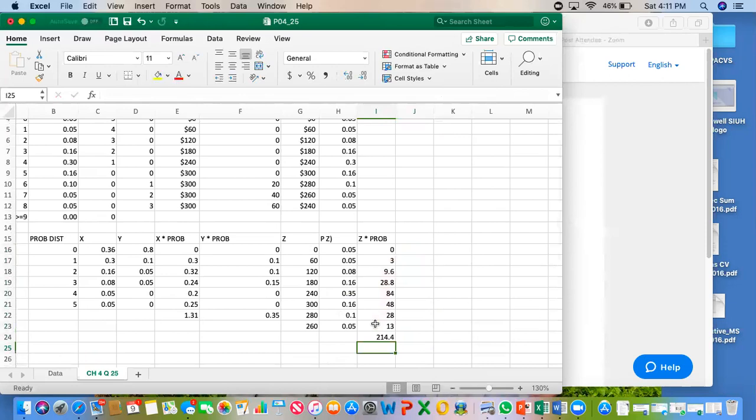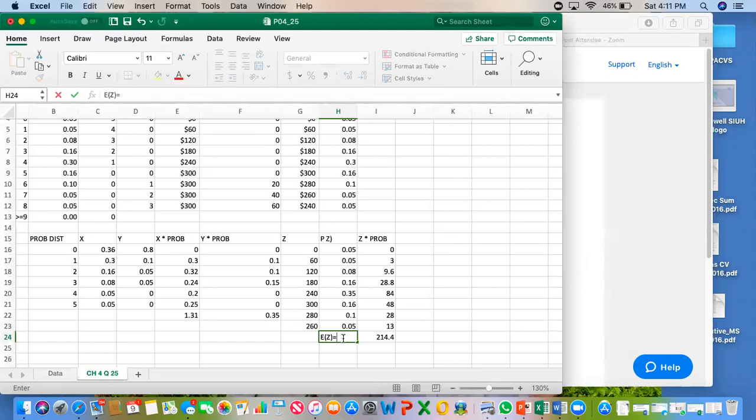You label that as the expected value of Z. So go to the left on H24 and just write E of Z equals. That's it, and then I'll know that the expected value is there. And you can do the same thing for the other ones.